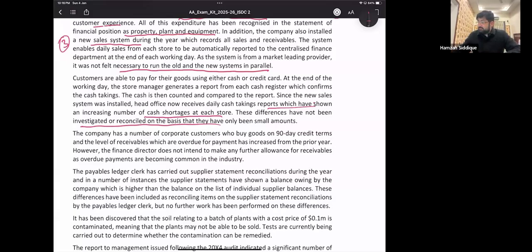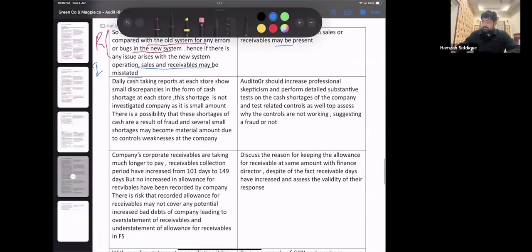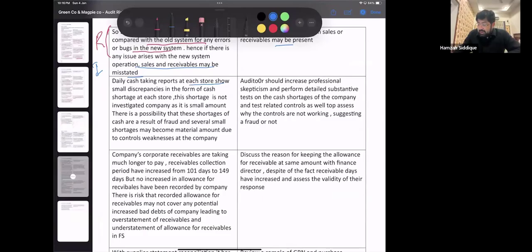That is the point, a different point over here. So how to discuss it? The daily cash taking report shows discrepancy in the form of cash shortage. That is the issue. This shortage is not investigated as it is small. What is the risk?